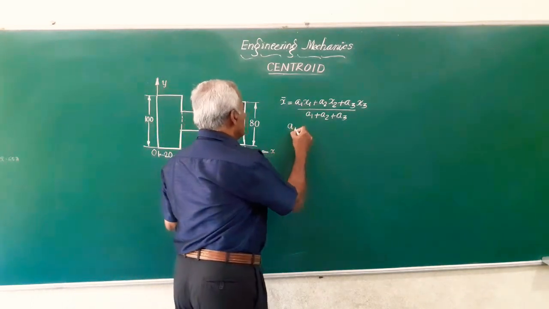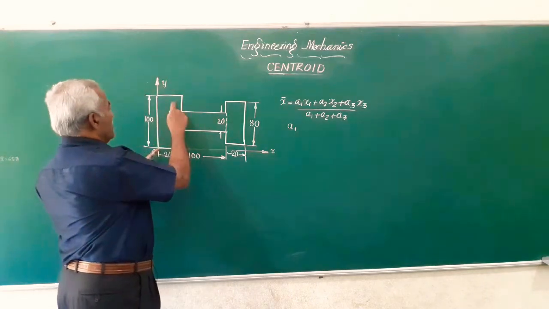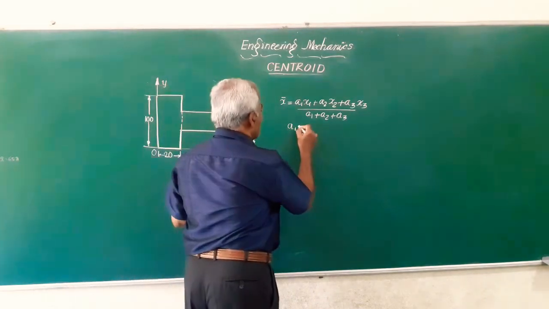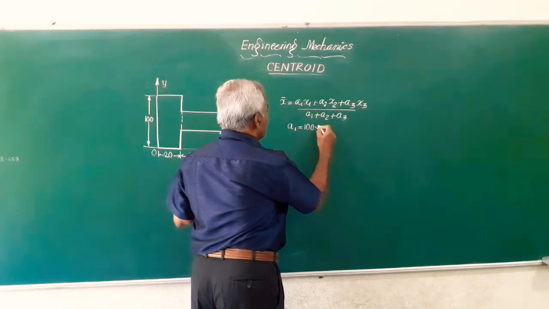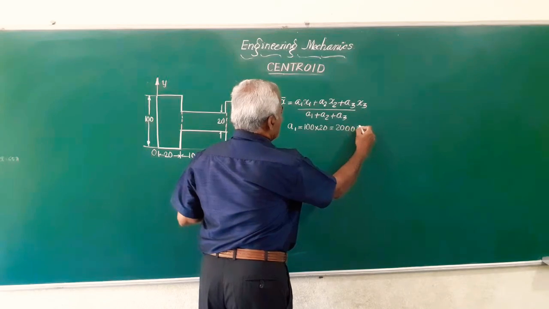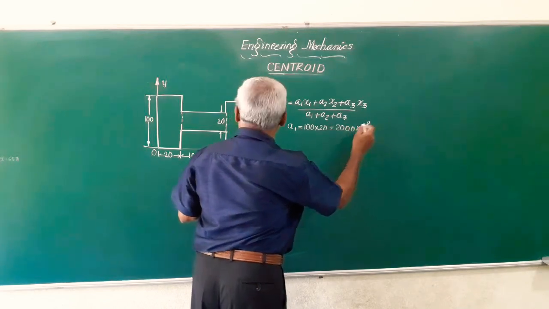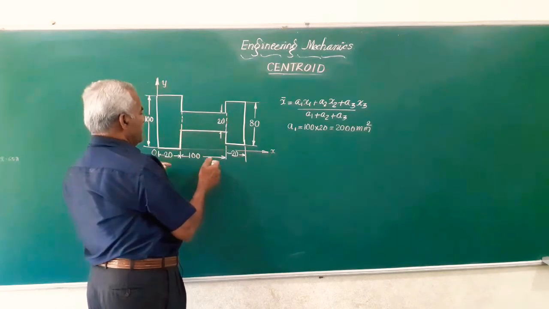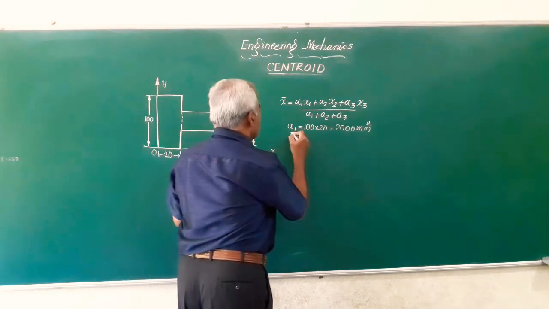Friends, area 1, rectangle 1, has an area of 20 into 100 or 100 into 20, that is 2000 square millimeter. Likewise, the middle rectangle has an area 100 by 20.